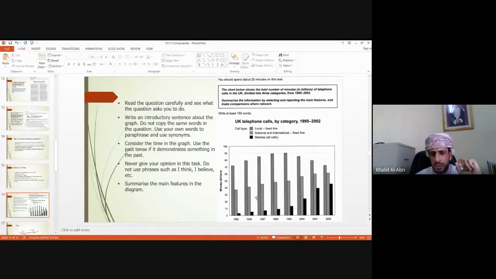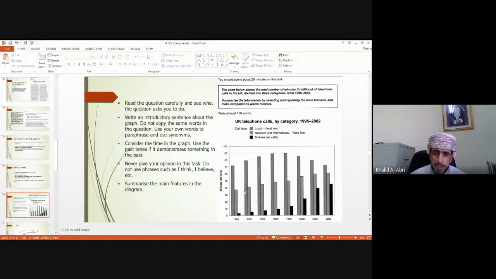And then the second one about national and international calls. What do you see here? There is an increase, but in some years, the increase is what? Is not rapid. So it's only a steady increase. You need to show this.